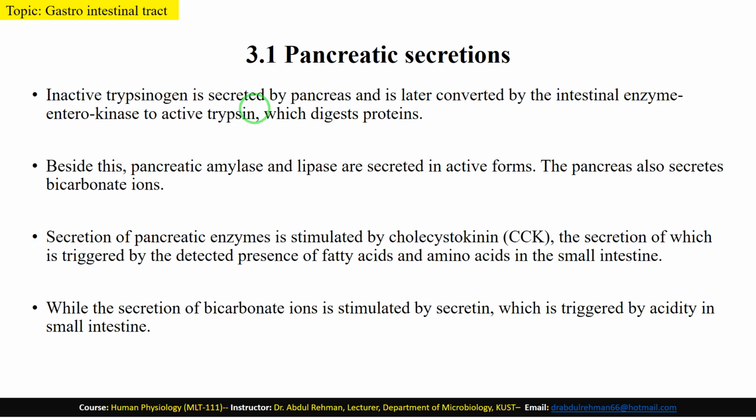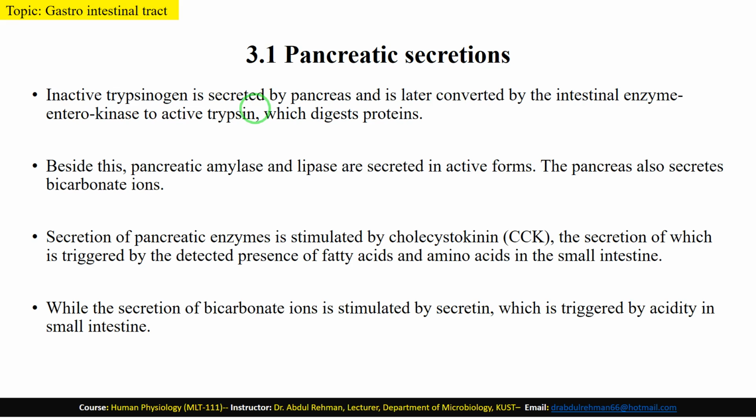Besides this, pancreatic amylase and lipase are secreted in active forms, and the pancreas also secretes bicarbonate ions. Secretion of pancreatic enzymes is stimulated by different factors like cholecystokinin, which is one of the stimulating factors for the secretion of pancreatic juices.